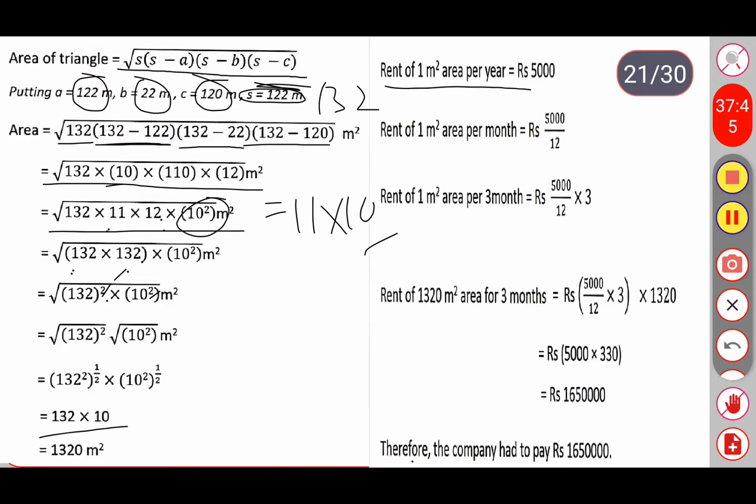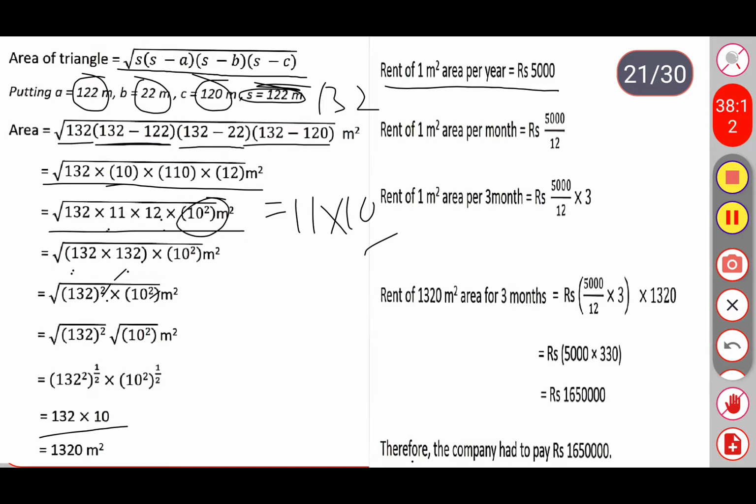Now the rent of 1 meter square area for a year is 5,000 rupees. The company should pay 5,000 rupees for 1 year, but they want the area for the advertisement for only 3 months. So how can you write 3 months in terms of fractions? 3 by 12.